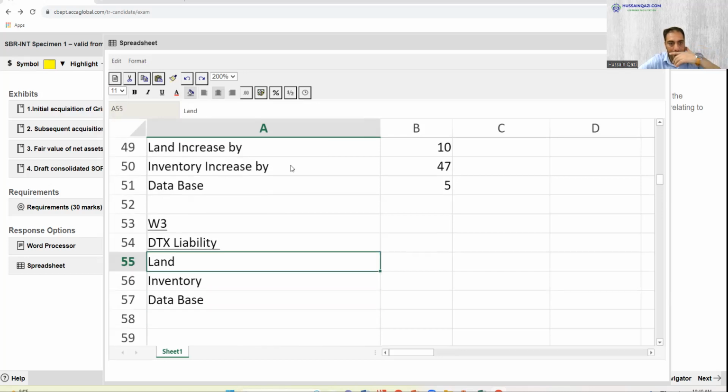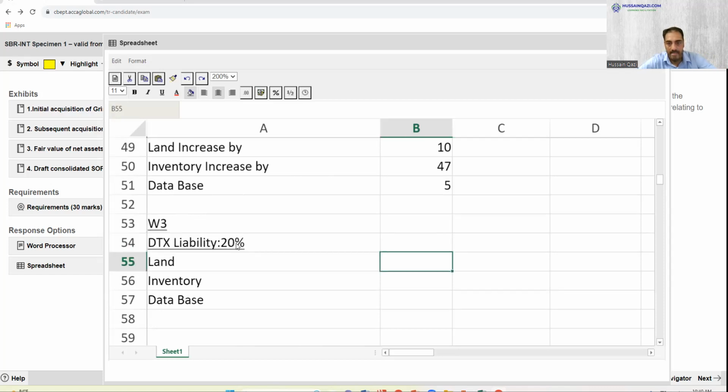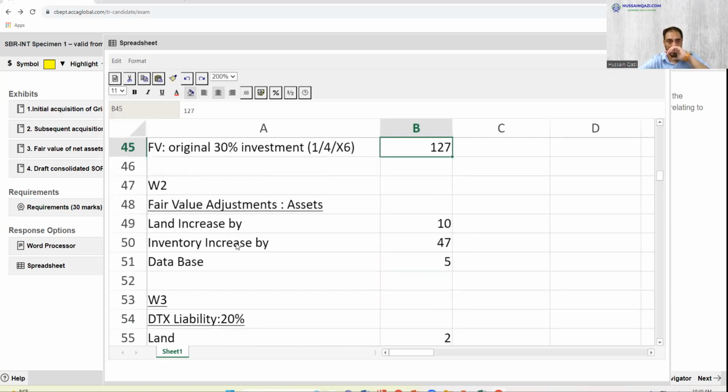At the rate 20%, it is equal to 10 into 20%, 47 into 20%, 5 into 20%. That is the value of the deferred tax. So fair value working all done.